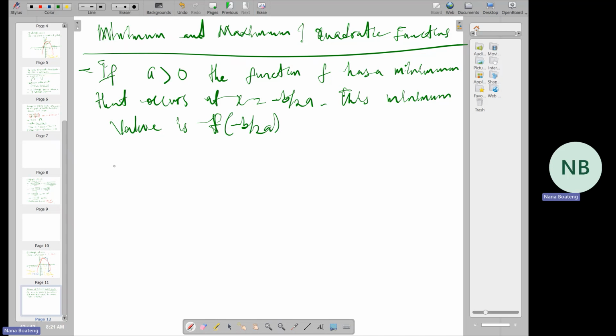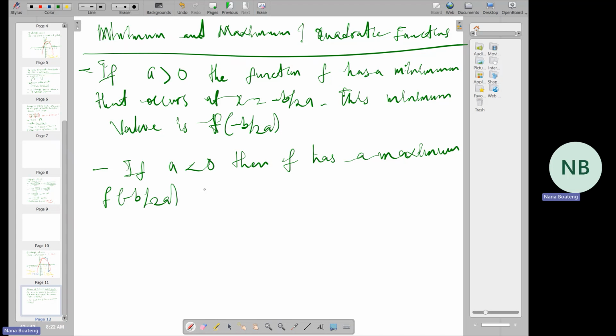And if a is less than 0, then f has a maximum, f of minus b divided by 2a.